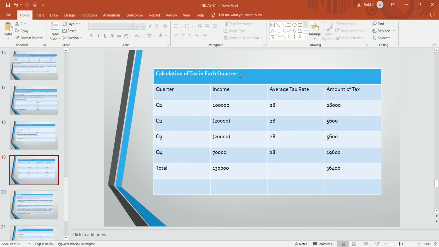Now the calculation of tax in each quarter. Quarter-wise income, average tax rate and annual amount of tax. In quarter 1 the income will be 1 lakh, the average rate will be 28%, so the amount of tax will be 28,000.